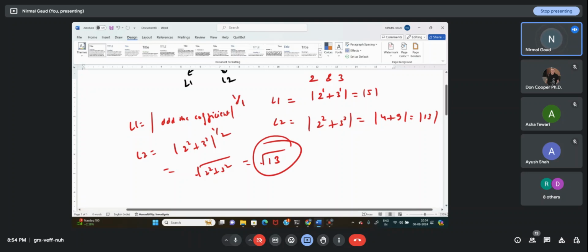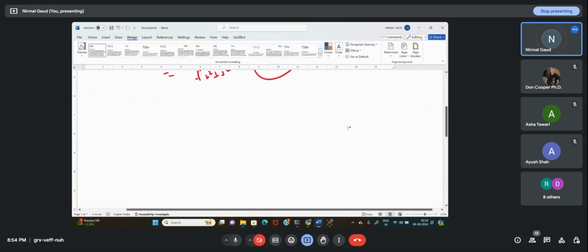Alright, now one more thing. Let me simplify it more. Here is a plot. For example, this is the origin.